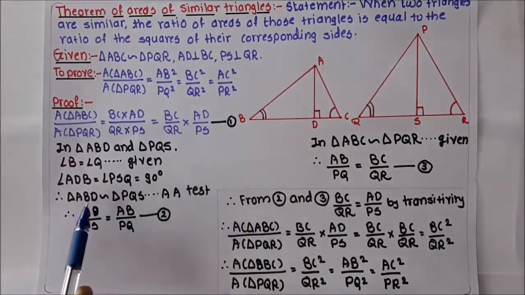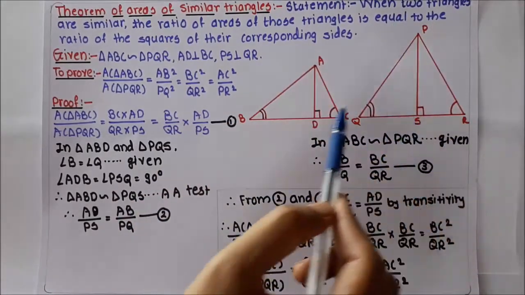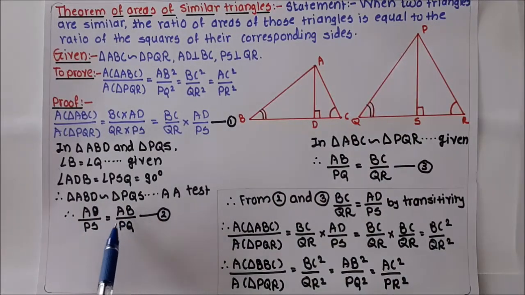Because of this we can take its ratios, that is AD upon PS is equal to AB upon PQ. This is statement number 2.